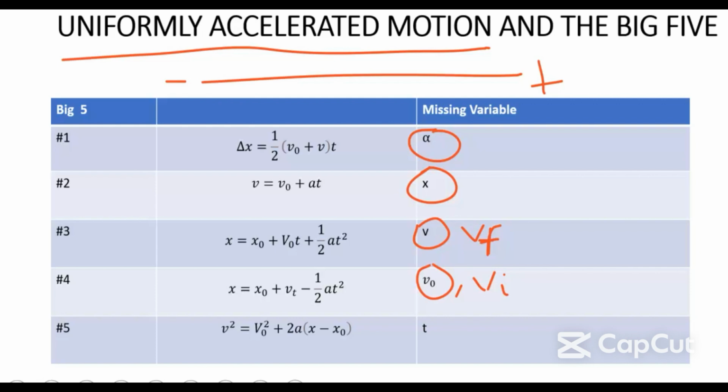And the motion takes place during some elapsed time, that is this t.